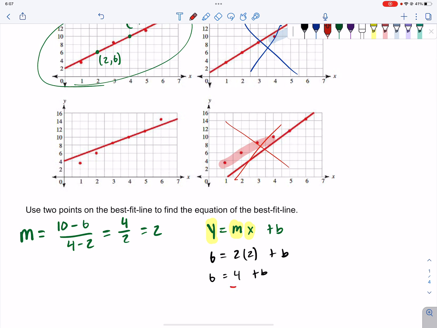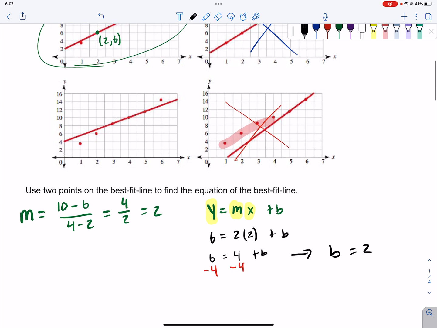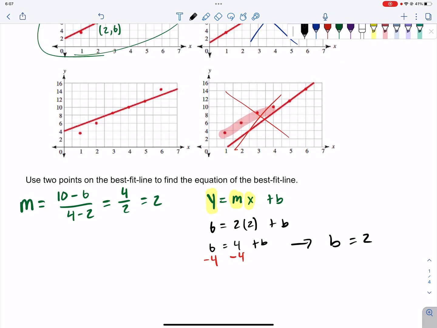And then we can subtract 4 from both sides. So this gives us that b is equal to 2. And now we have our 2 pieces of information that we need to be able to write the equation of this line. We can say that y is equal to 2x + 2.